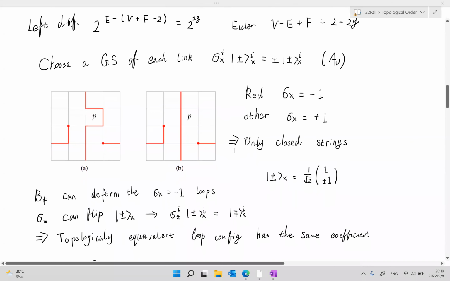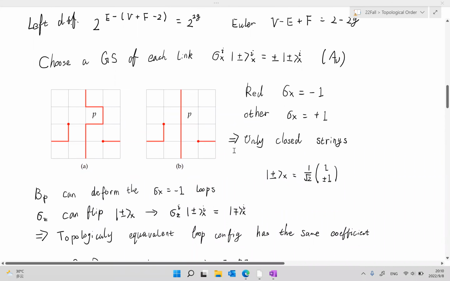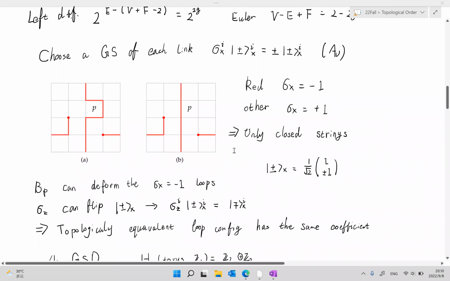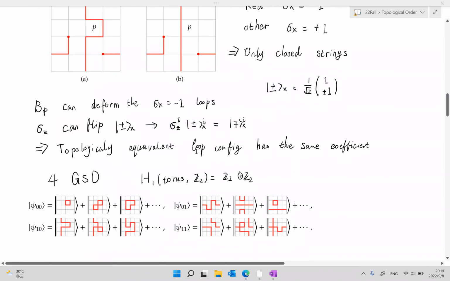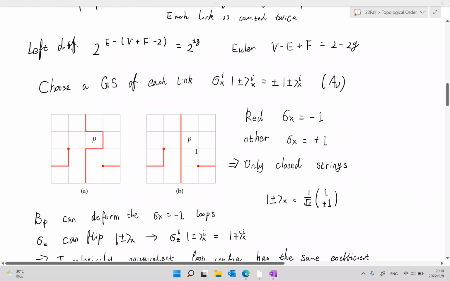So what do we want to do? I think there are some more observations to make. Here we want to get the wave functions, so we need some observations. The first is that we can choose a basis.